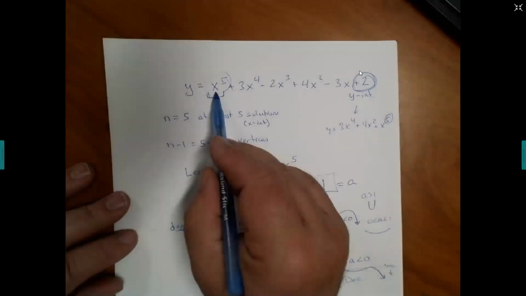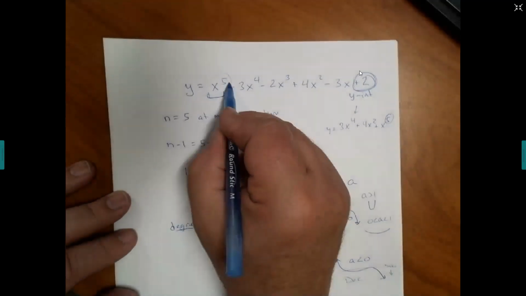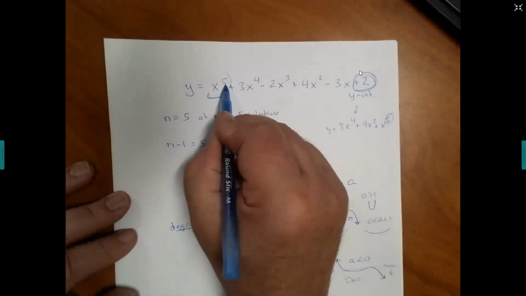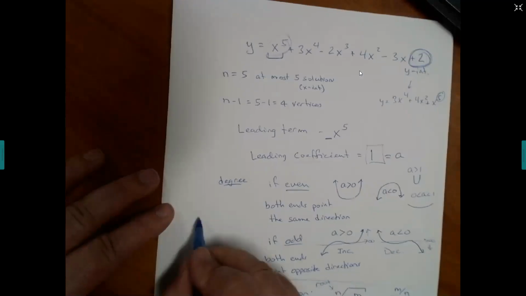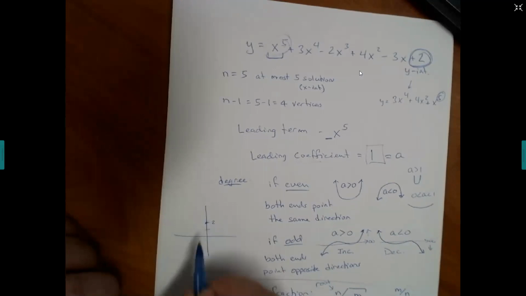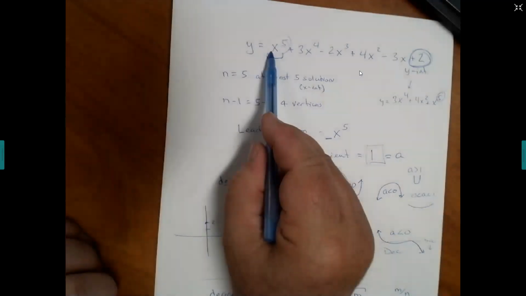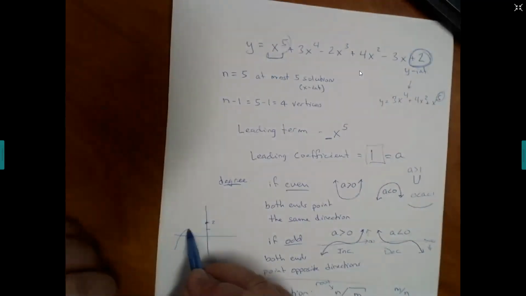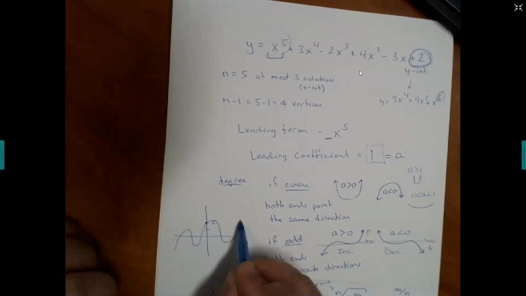So this equation, since it's positive, has at most 5 intercepts. Our graph will look something like this. It crosses at 2. It's positive, so it's an increasing function. 1, 2, 3, 4, 5.